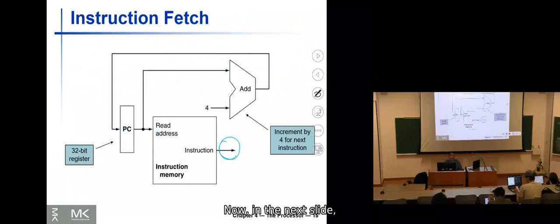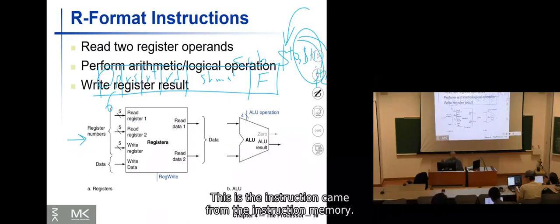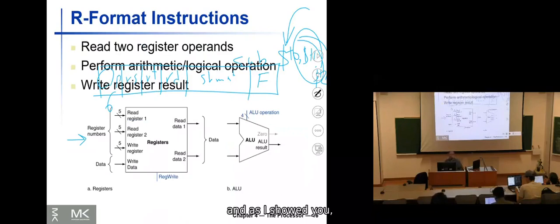Now, in the next slide, the instruction at that slide is this. So this is the instruction that came from the instruction memory. This goes to the register file. And as I showed you, this is the 5-bit RS, so this is read register 1, RS.